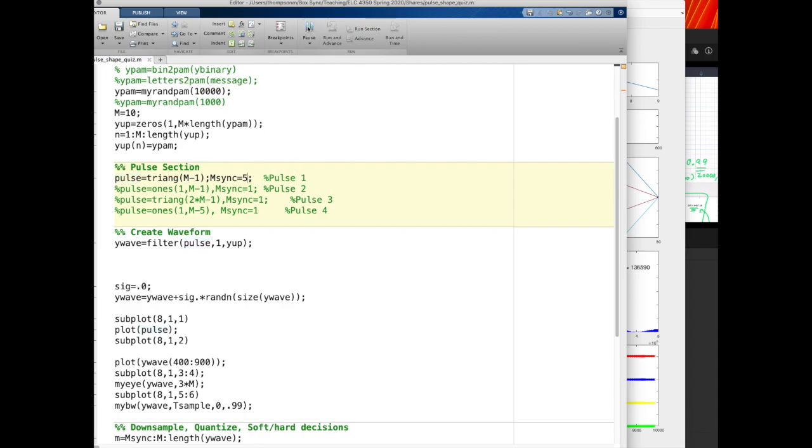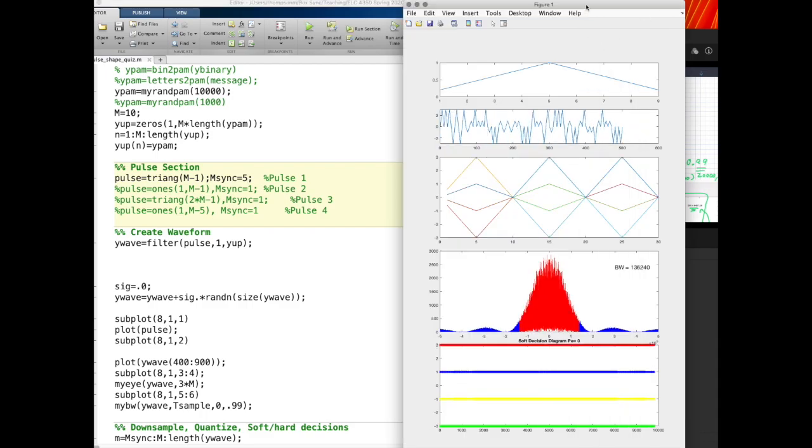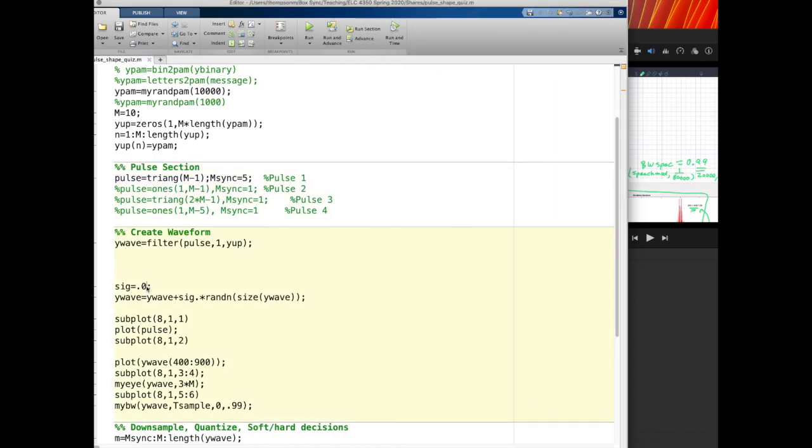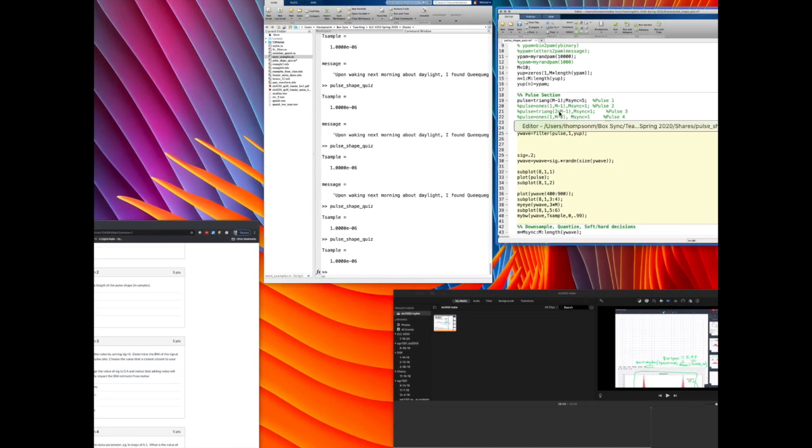We run our code, and we get what we expected, where the soft decision diagram is now producing the correct symbol values. So next, what I want to do is add some noise into here. Before I do that, let me look at the bandwidth of the signal.